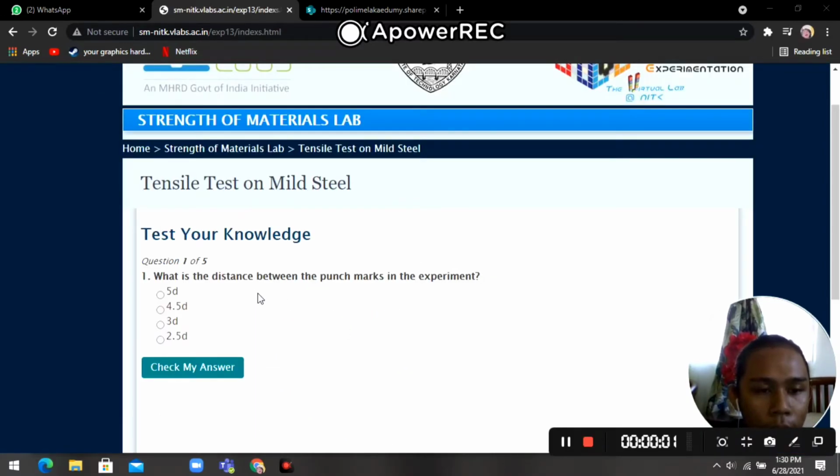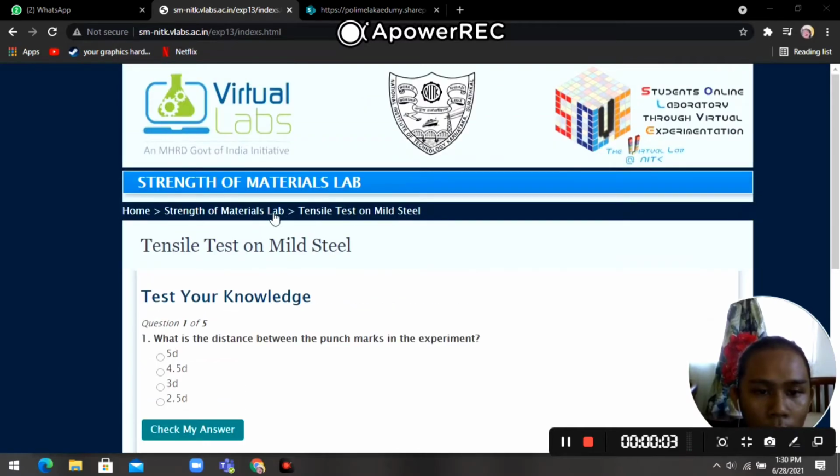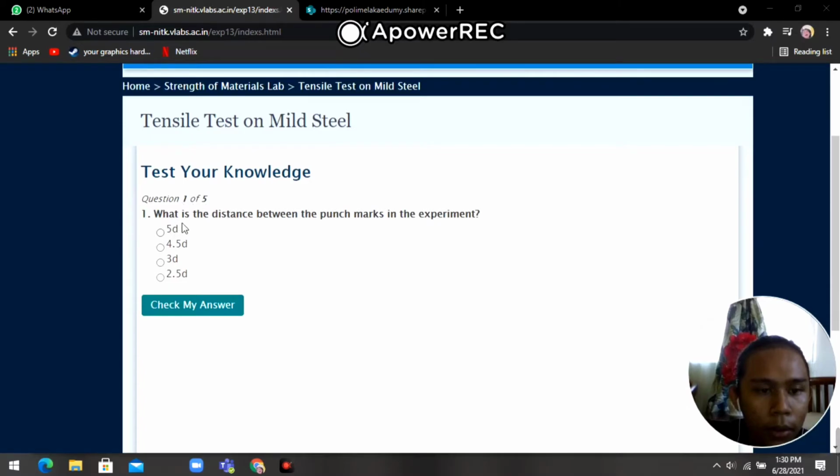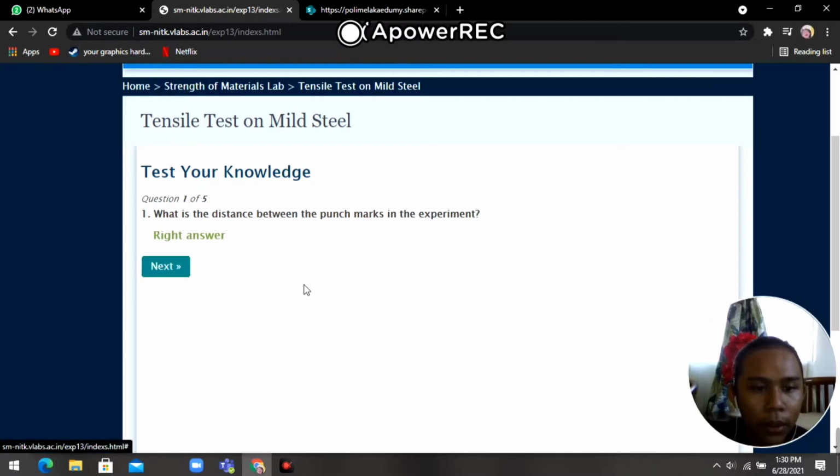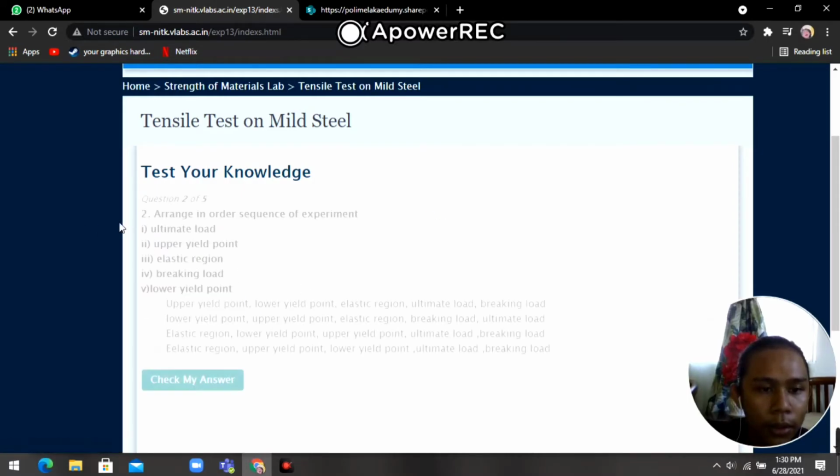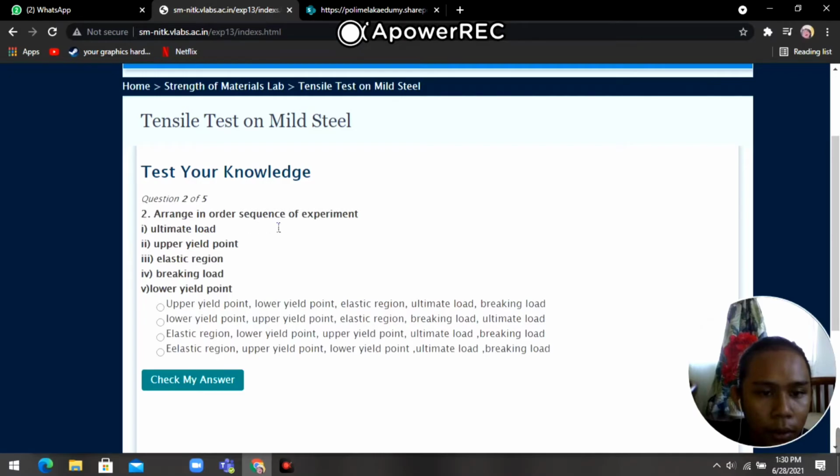So this is a test your knowledge. Question 1: what is the distance between the punch marks in the experiment? 2.5 diameter. Next, arrange the orders.